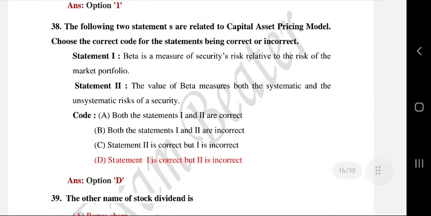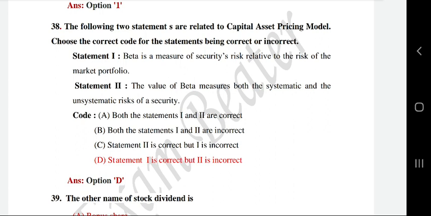Question number 38. The following two statements are related to the capital asset pricing model. Choose the correct code for the statements being correct or incorrect. Statement 1: Beta is a measure of a security's risk relative to the risk of the market portfolio. Statement 2: The value of beta measures both the systematic and unsystematic risk of a security.